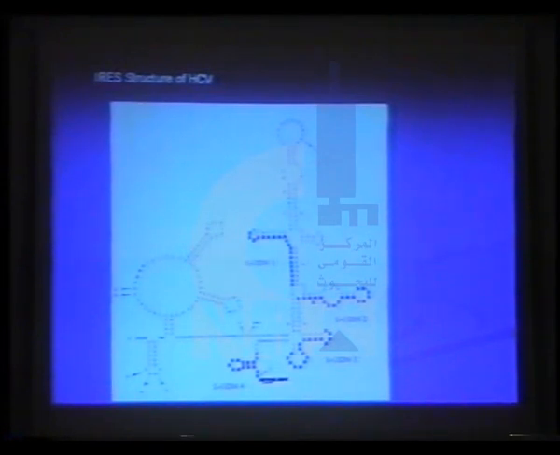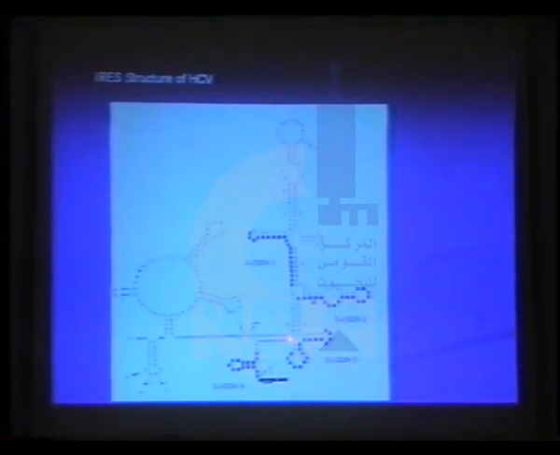So this is a magnification of the 5' upstream region, which is also called the IRES region, the internal ribosomal entry site, because it is the major region of the virus that is related to the initiation of viral protein translation at the host ribosomes.